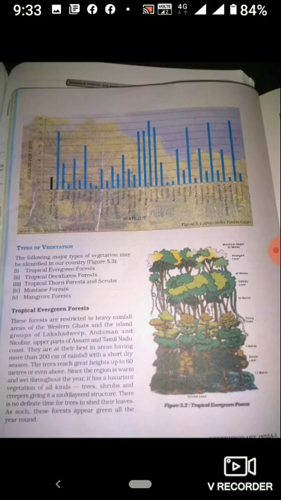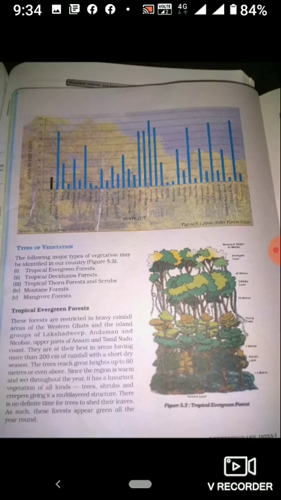This type of vegetation is found in the northwest part of the country, including semi-arid areas of Gujarat, Rajasthan, Madhya Pradesh, Chhattisgarh, Uttar Pradesh, etc. In these forests, the common animals are rat, mice, rabbits, fox, wolf, tiger, lion, wild ass, horses, and camels. These are generally the animals that we find in this forest.